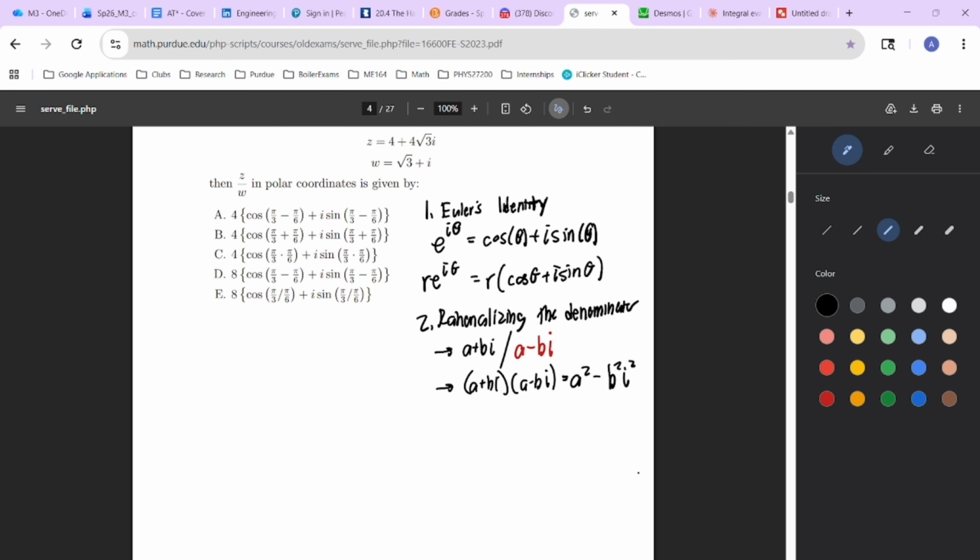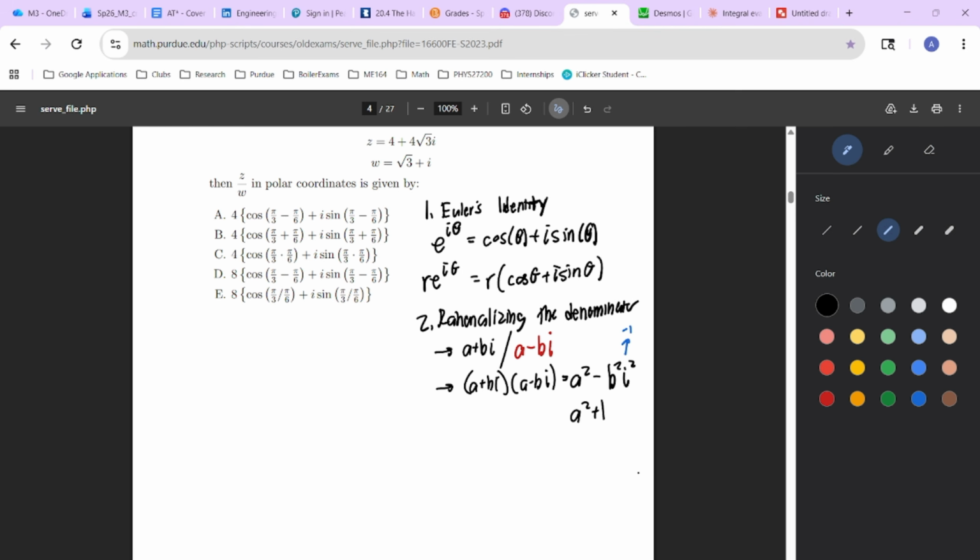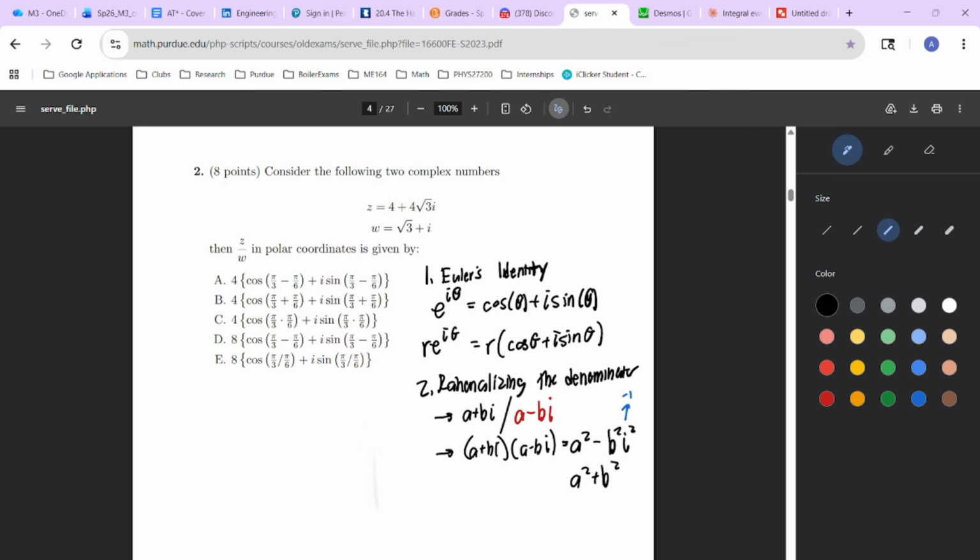But what does I squared equal? I squared, in fact, equals -1. So your solution ends up coming out to be a squared plus b squared. So by doing this step, you've taken out the imaginary component from the denominator, and you've placed it solely in the numerator instead. We're going to take these two fundamental concepts and apply them to solving this problem.